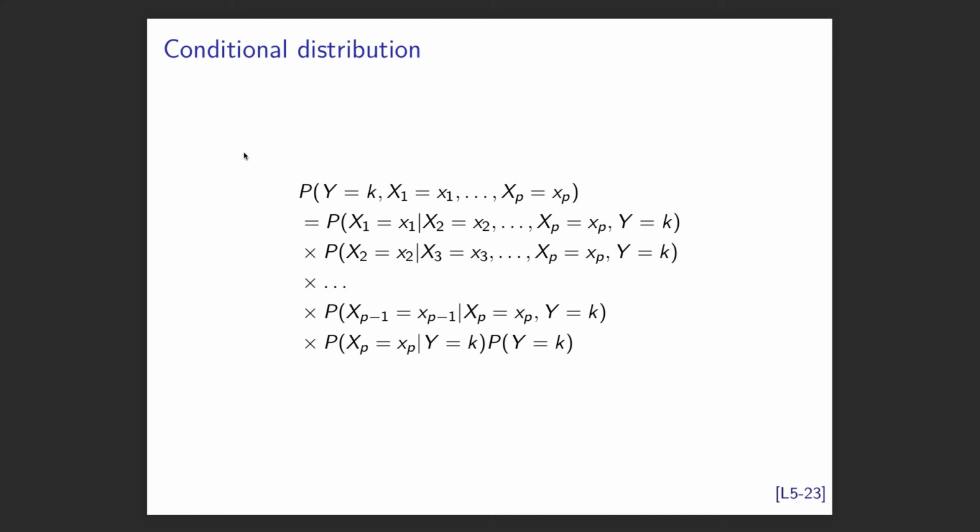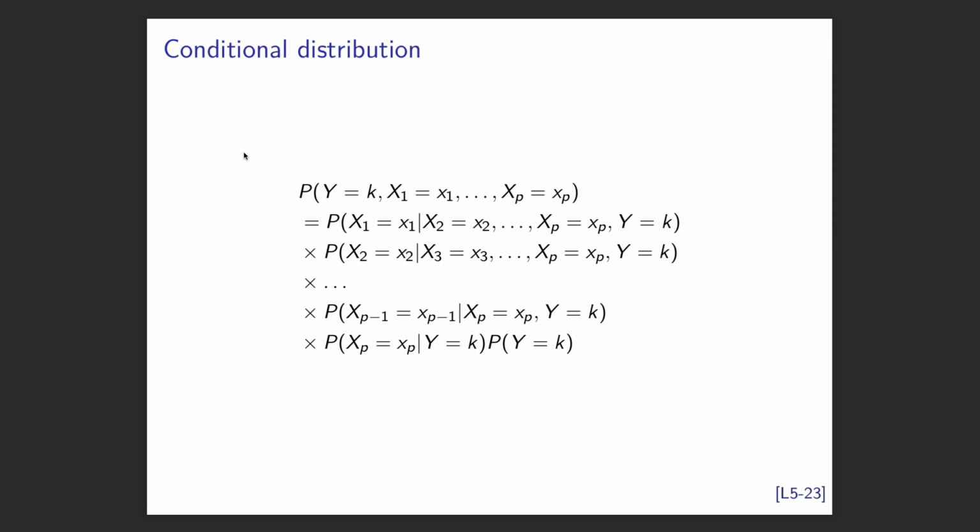I can rewrite that as the probability that X1 equals x1 given all the other predictors and Y equals k, then times the probability that X2 equals x2 given all the predictors remaining and Y equals k, all the way down to eventually Xp equals xp given Y equals k, times the probability Y equals k.